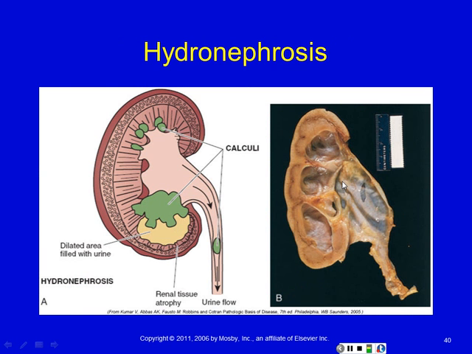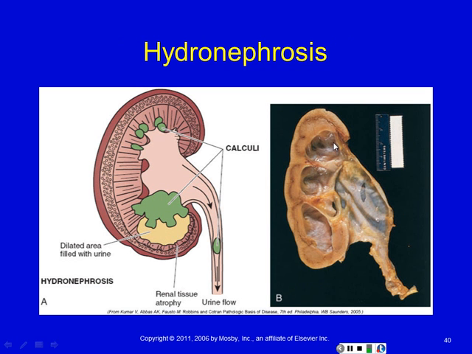So here in this example, we've got giant stones, and they have completely blocked this calyx of the kidney. The kidney keeps making urine, and it's making urine at about blood pressure, about 120/80. If that pressure has nowhere to go, it starts to flatten the kidney around it.